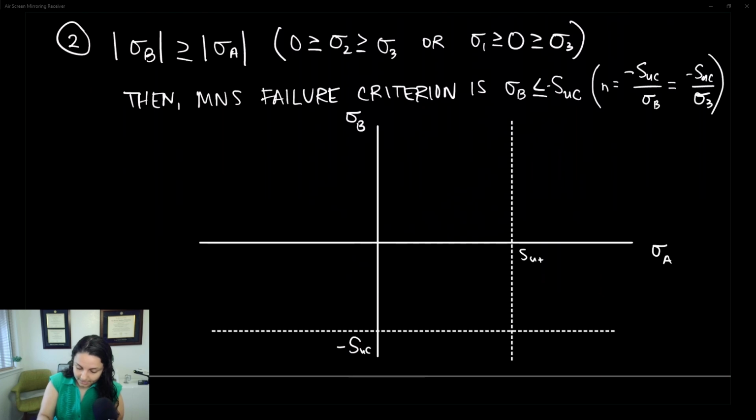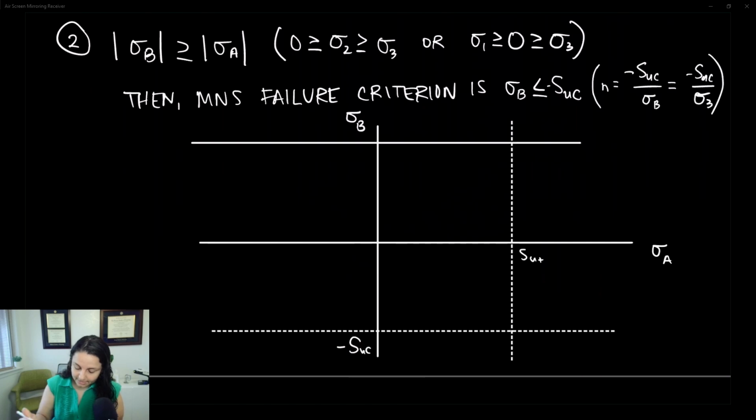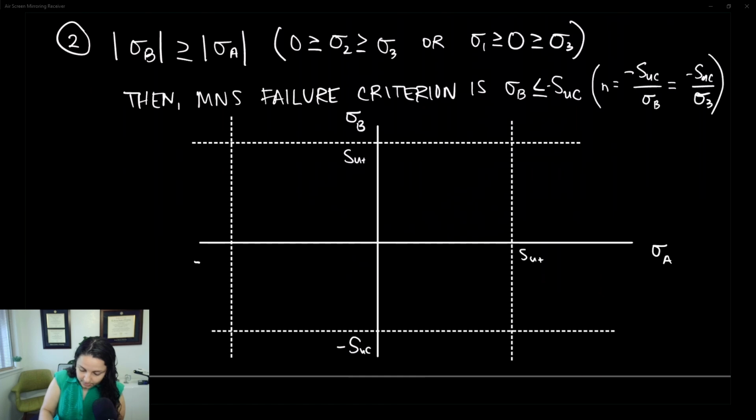And all that's going to amount to for this failure envelope is that we're going to have a line up here for SUT, so that if sigma B ever exceeds SUT, we also predict failure. And if sigma A is ever less than negative SUC, we also predict failure.